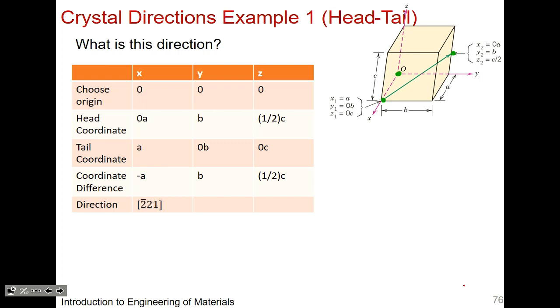Okay. So if you use this common methodology called the head-tail method, you do exactly that. Your origin is already denoted as O here. So your origin is already 0, 0, 0. Okay? So then the head coordinate is, well, let's take a look at that.